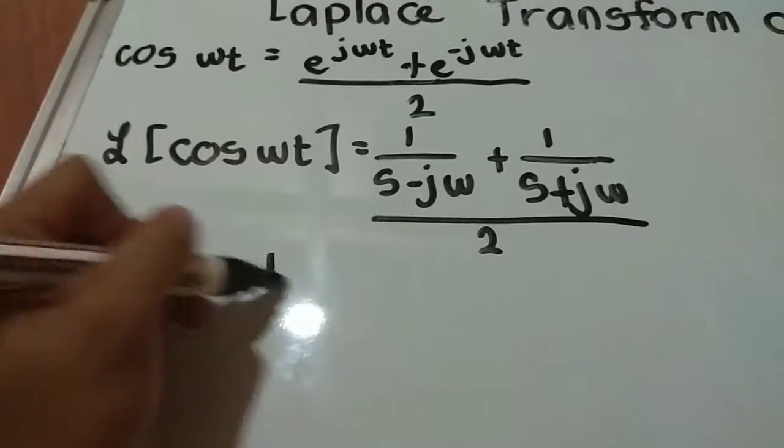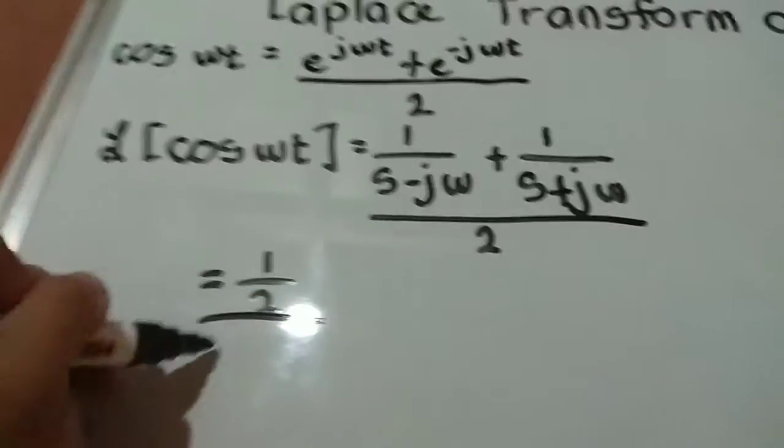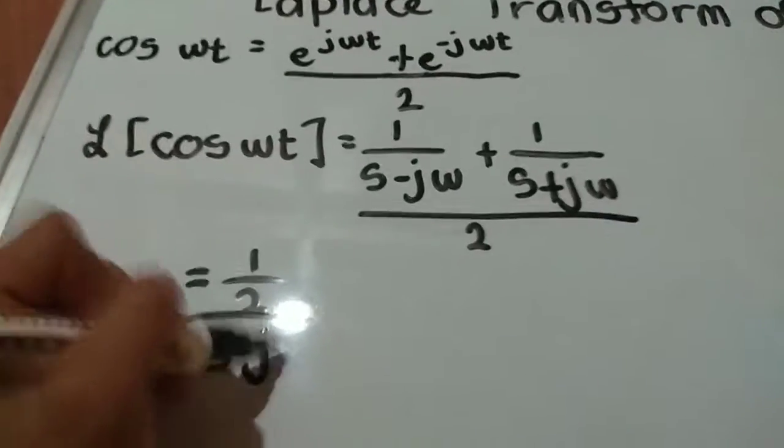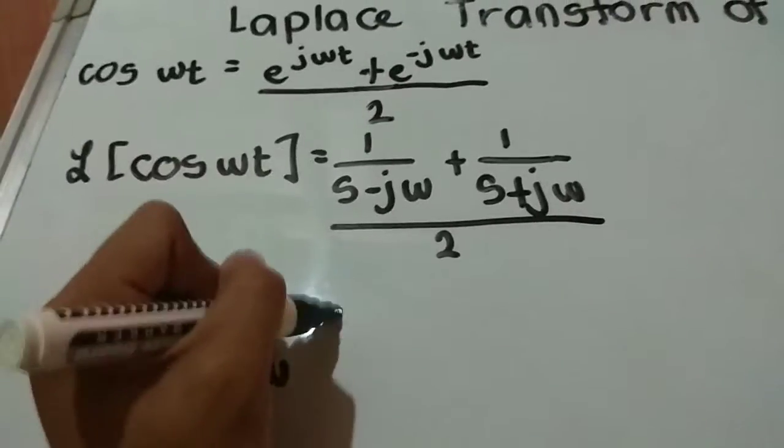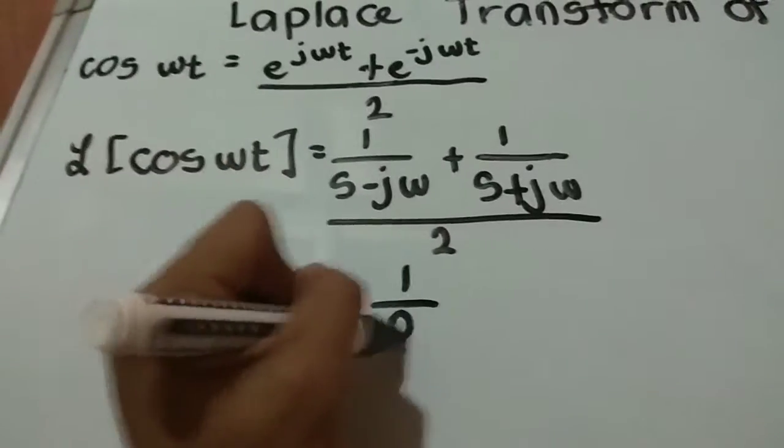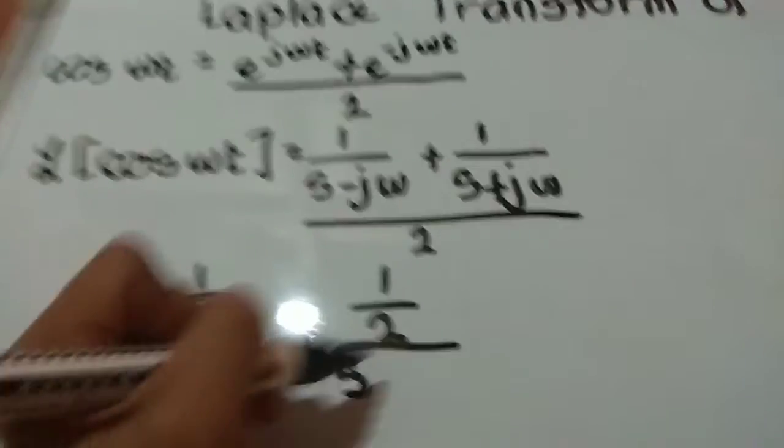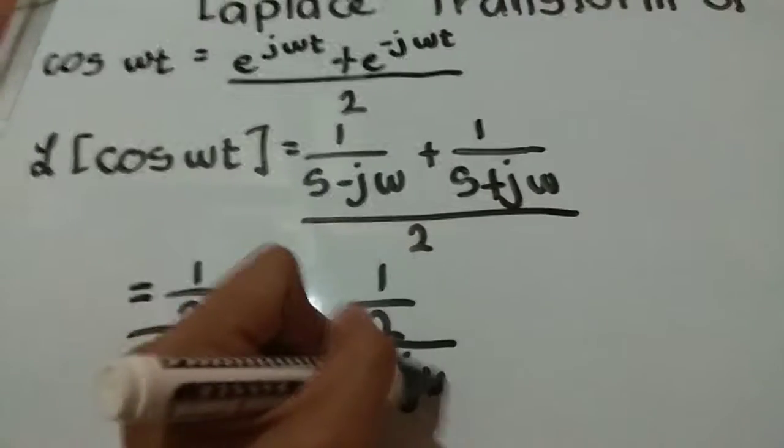Take the reciprocal, so 1 half over s minus j omega plus 1 half over s plus j omega.